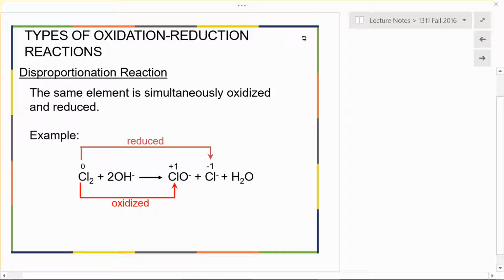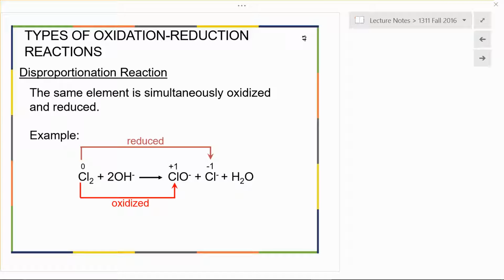Okay, here's another type of oxidation reduction reaction that we would want to be able to identify, and that's a disproportionation reaction. This happens when you have the same element that takes on different oxidation states. So here we see chlorine at an oxidation state of 0. But when we look at what it becomes, what happened to chlorine? Was it oxidized or reduced? Oxidized. It lost electrons. What about here? It was reduced.